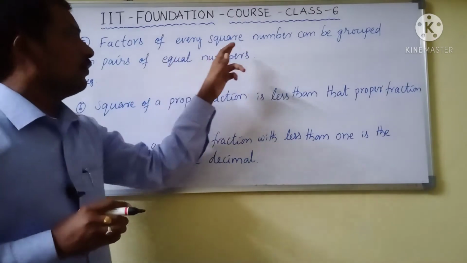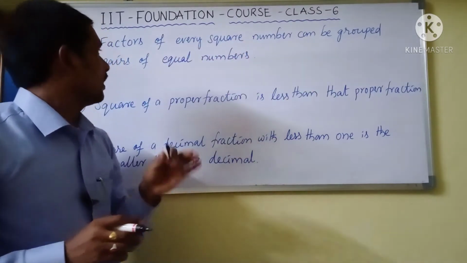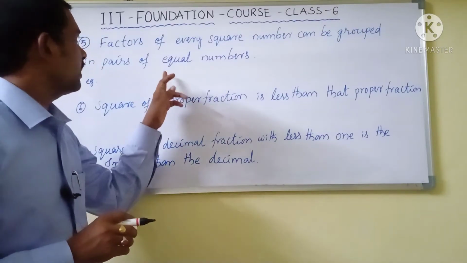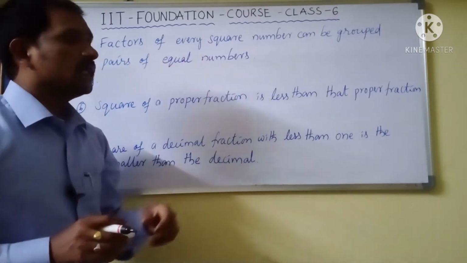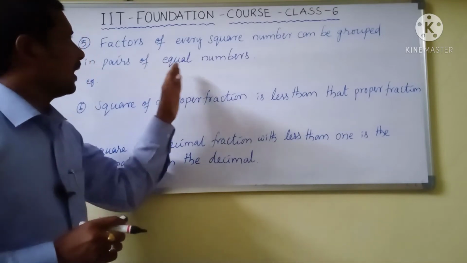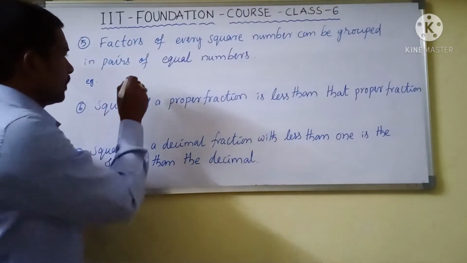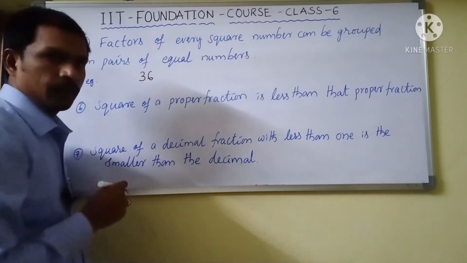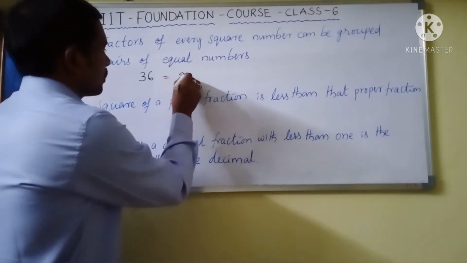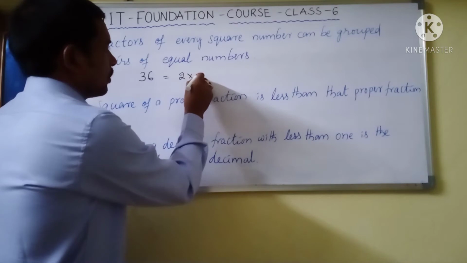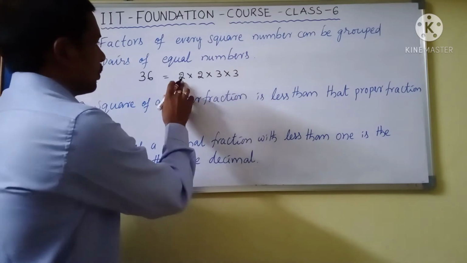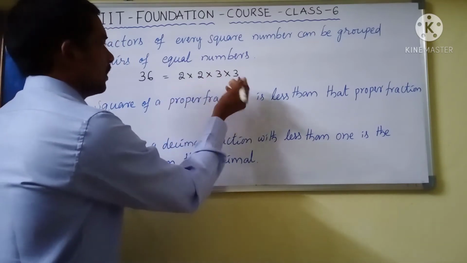Factors of every square number can be grouped in pairs of equal numbers. So once again I am repeating, factors of every square number can be grouped in pairs of equal numbers. For example, 36 is a square number. If you write the factors of 36, 2 18s are, 2 9s are, 3 3s are... so 2 2s are 4, 4 3s are 12, 12 3s are 36.